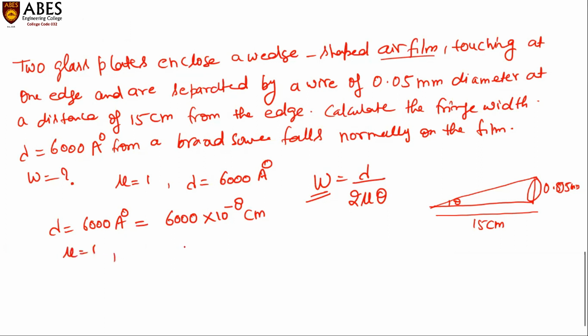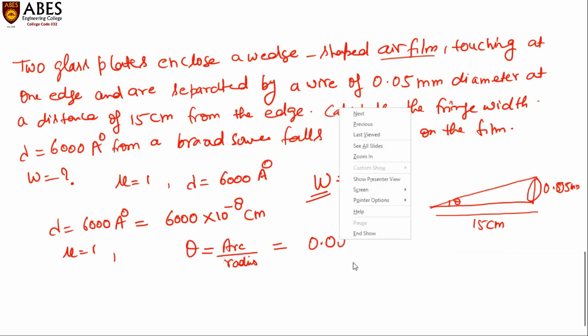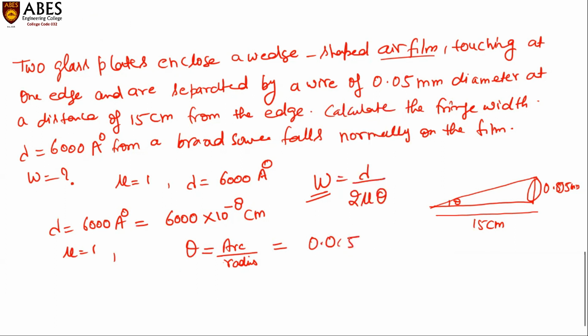For theta, as we know, angle is equal to arc by radius. So theta is equal to arc by radius, where the arc is 0.005 centimeter.